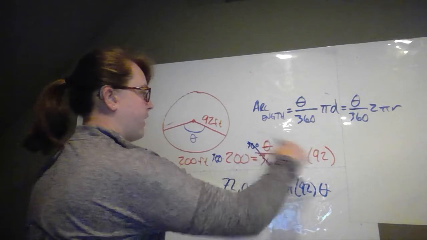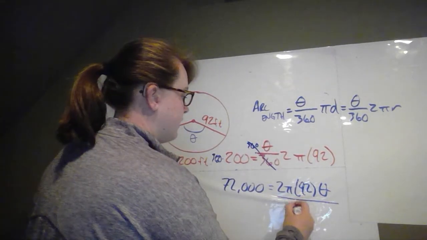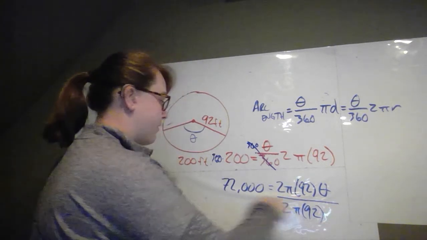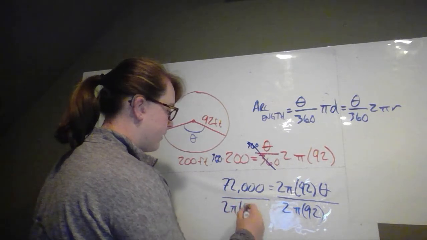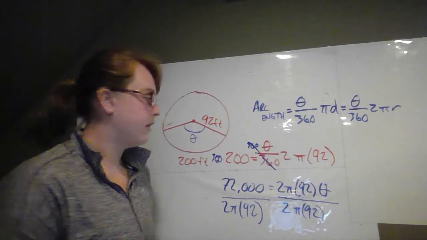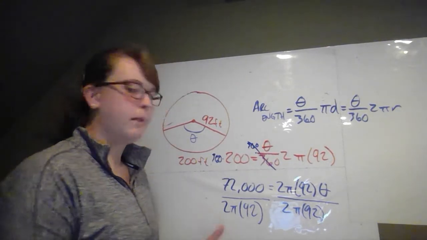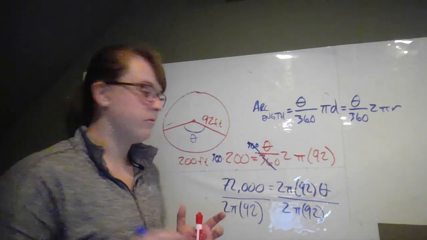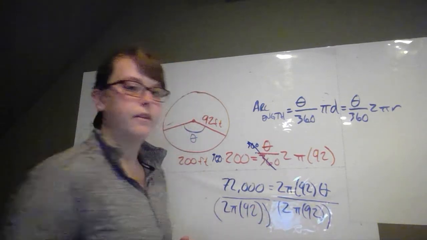We still have all of that over here. So then I just have to divide by 2 pi and 92. But I have to make sure that each of these are divided over here. So when you type it into your calculator, especially if you're using a phone calculator, you have to go divided by 2, divided by pi, divided by 92. If you're using a regular calculator, put it all in parentheses, so go divided by, but then put all of this stuff in parentheses.